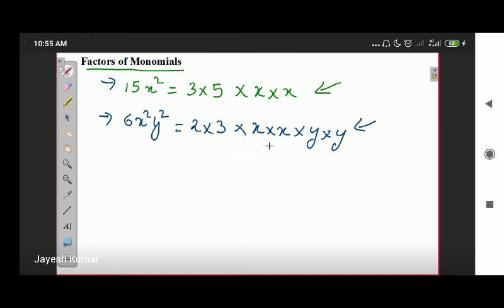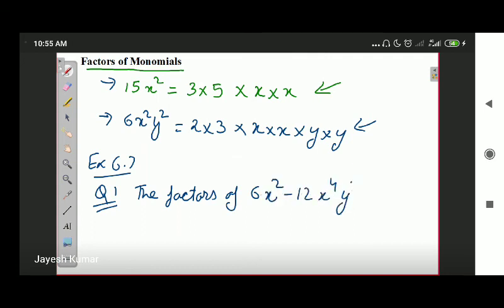Instead of taking an example, let me take a question from your book. This is question number 1, exercise 6.7. The question is to find the factors of 6x square minus 12x to the power 4 y square.